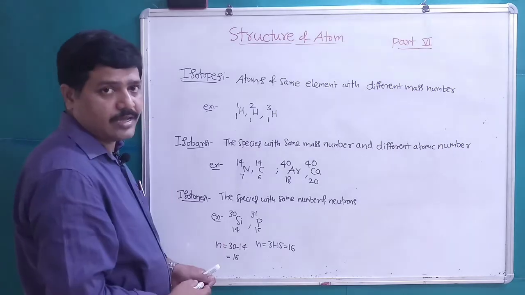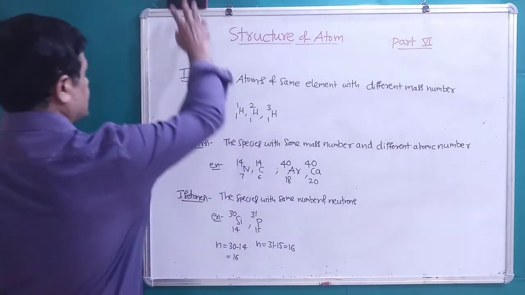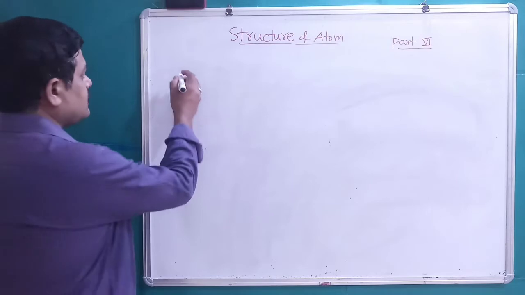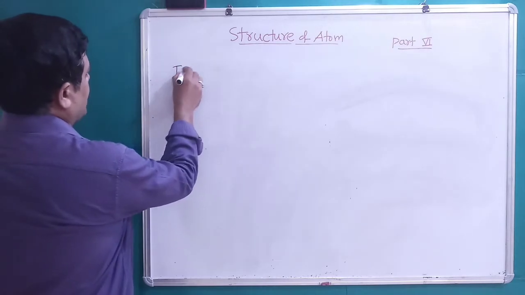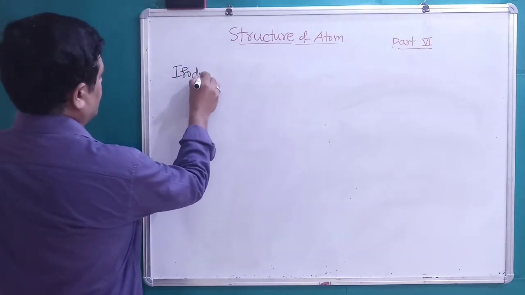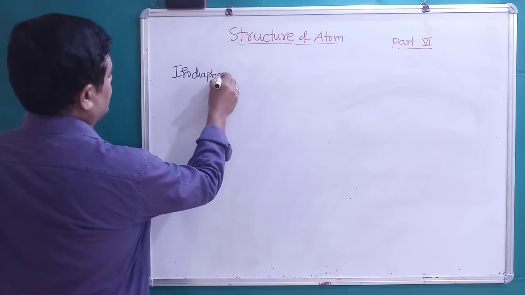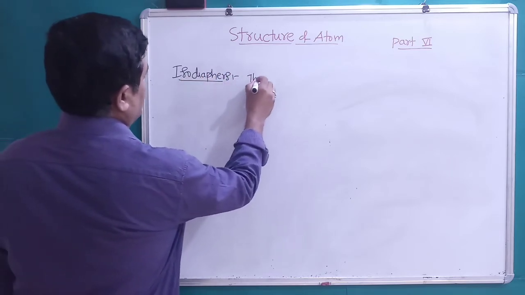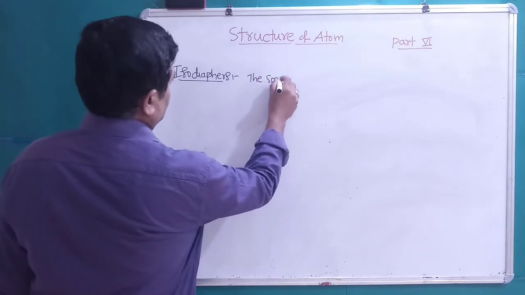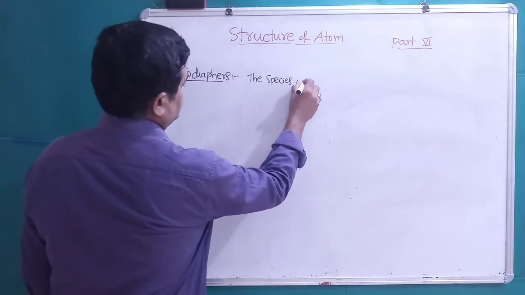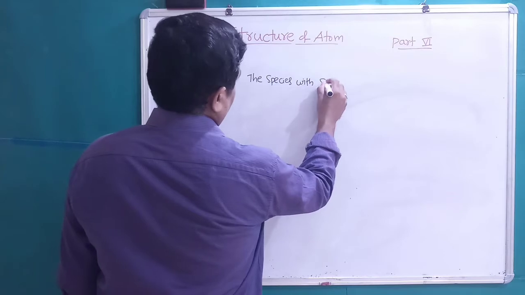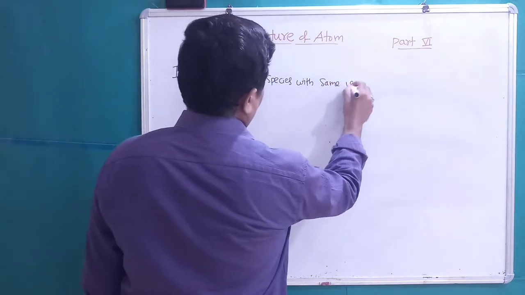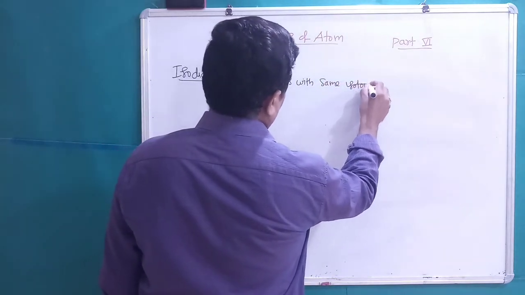Next, isodiaphers. Isodiaphers are the species with the same isotopic number.